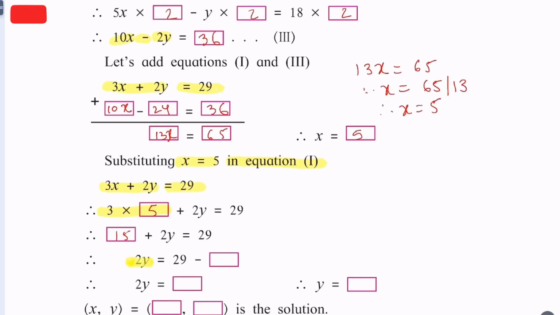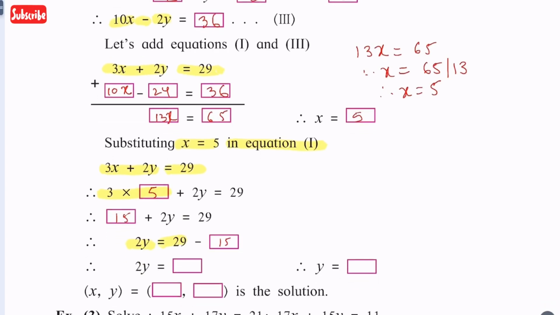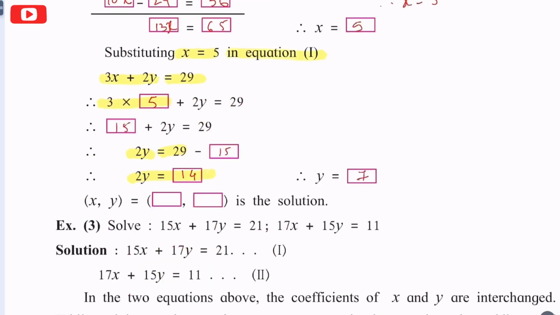Therefore, 2y equal to 29 minus 15, as 15 goes to the right side as subtraction. 29 minus 15 is 14. Therefore, 2y equal to 14. Hence, y is 14 by 2, that is 7. Therefore, xy equal to (5, 7).